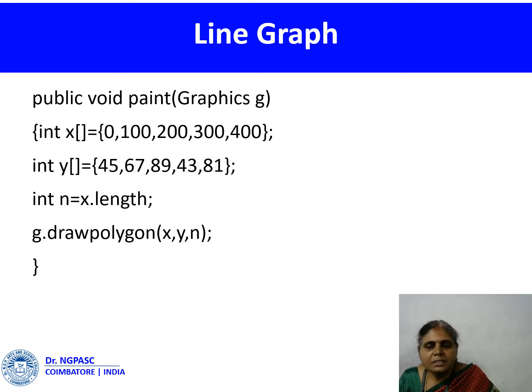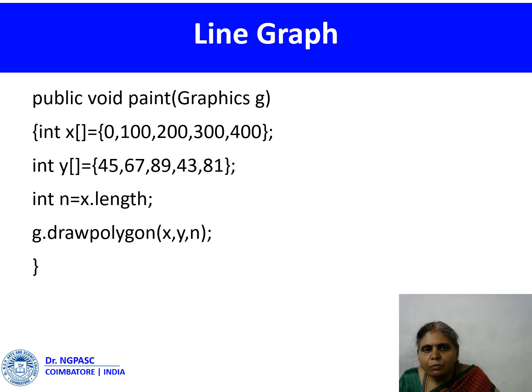As I have already told you, using the methods already specified in the Graphics class, we can draw line graphs. While talking about line graphs, there will be a set of data. We will be connecting those data and showing a straight line graph.